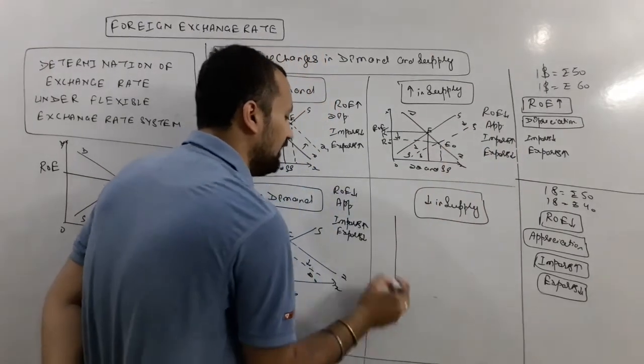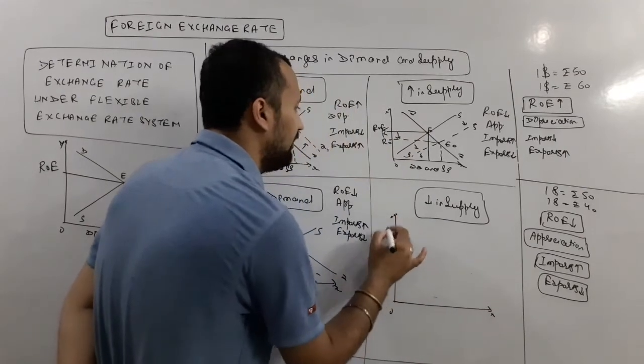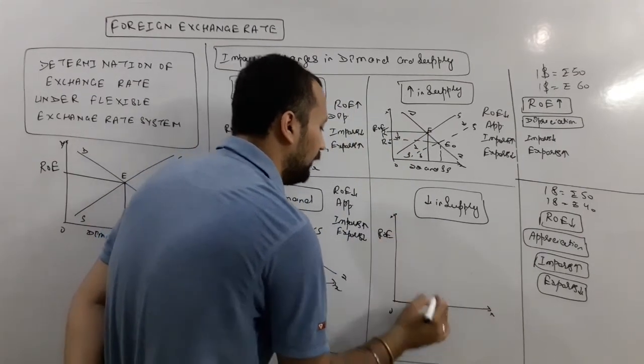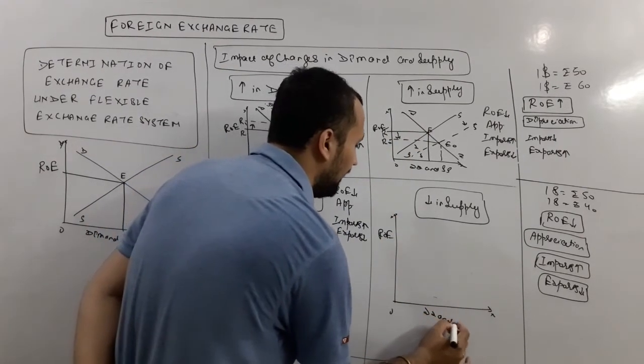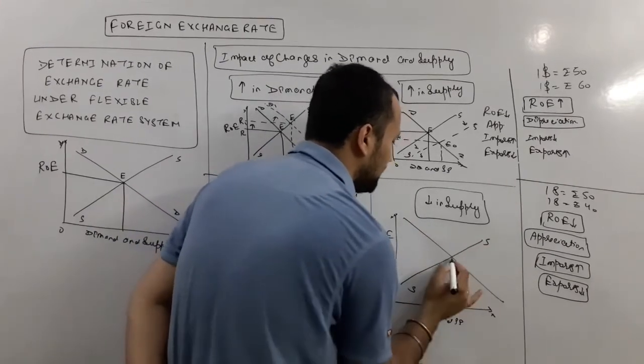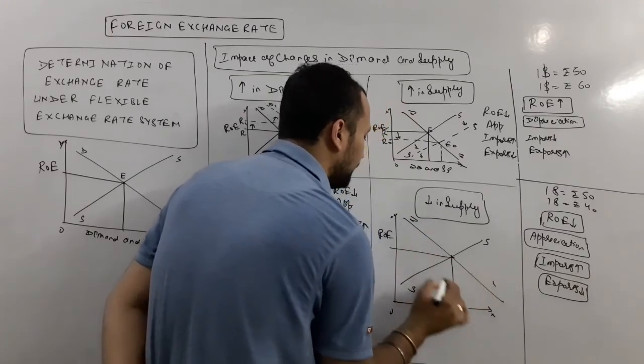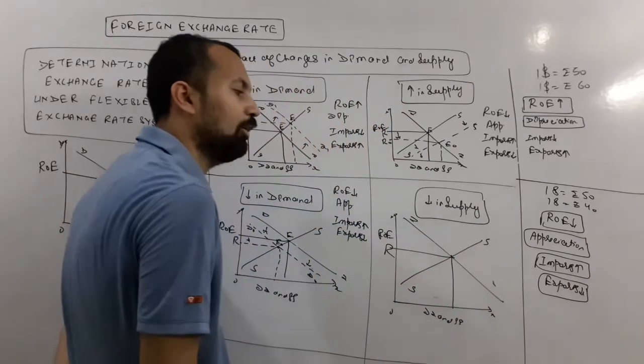This is the last situation, that is decrease in the supply. X-axis, point of origin, y-axis. I am writing down rate of exchange here, and demand and supply here. This is the supply curve, that is upward sloping. This is the demand curve, that is downward sloping. E is the point of equilibrium and OR is the equilibrium rate of exchange.